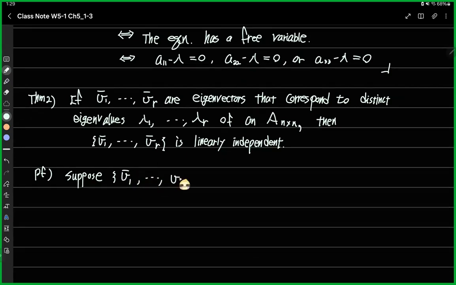This is dependent, which means that, say, v(p+1) can be expressed as the sum, i goes 1 through p, of ci vi.